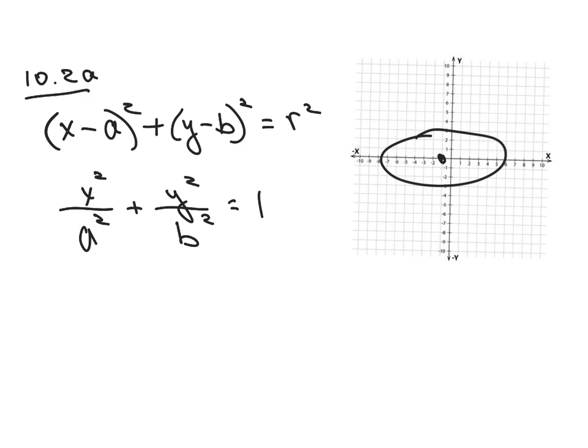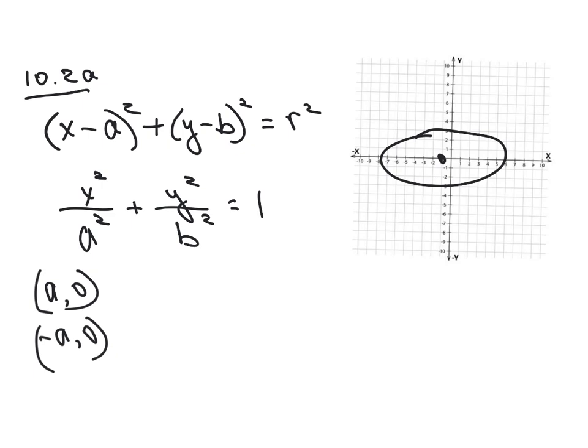So where it crosses the x-axis will always be (a, 0) and (negative a, 0), because this is going to be the same number, the same distance from the origin. So it's just over this way in the negative direction, this way in the positive direction. And because the a is underneath the x, it's along the x-axis, so that should make it easy.